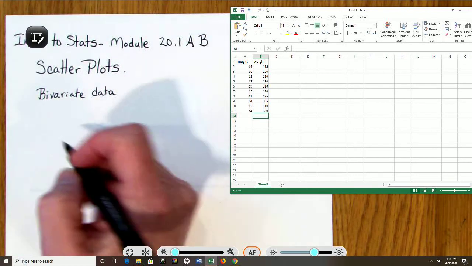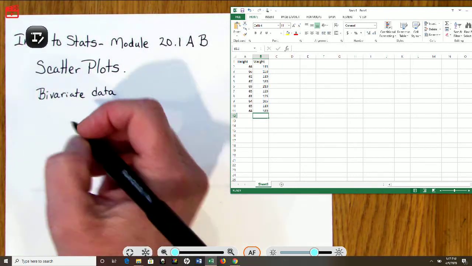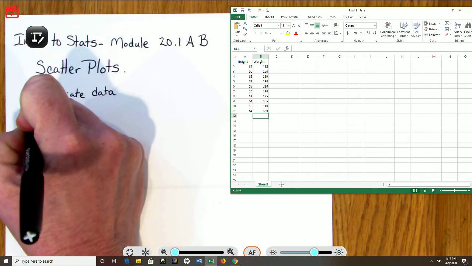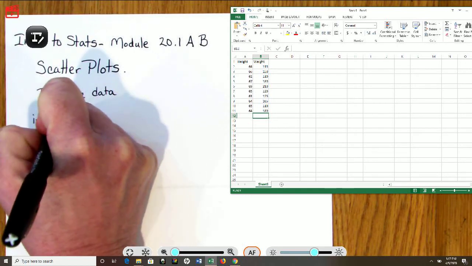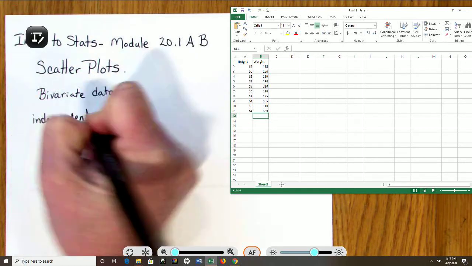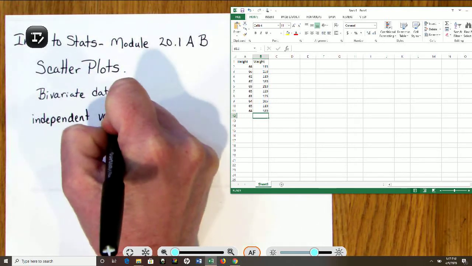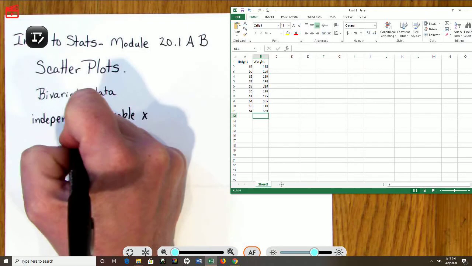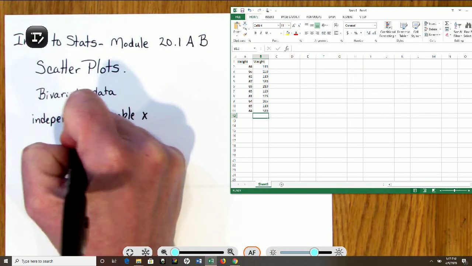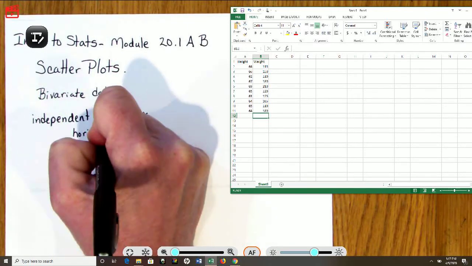And what we're going to be doing is creating a graph from this, and we will be using some variables that we have, and we're going to call one of them our independent variable. And that's the one we're going to let be our x values, and this one will be on that horizontal axis.